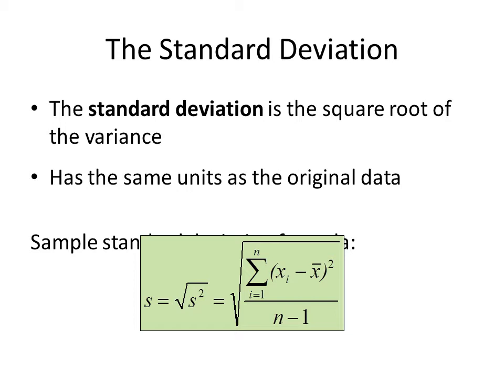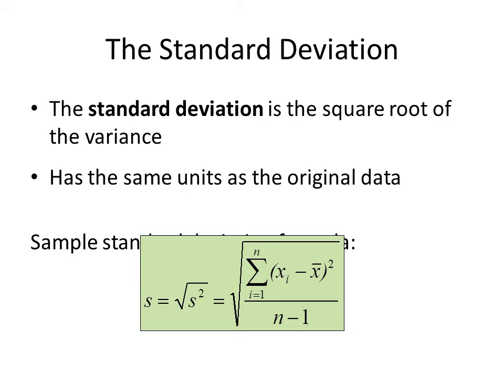Now, through this method, we can easily get to standard deviation, because standard deviation is the square root of variance. The notation for standard deviation is s, and the notation for variance is s squared.